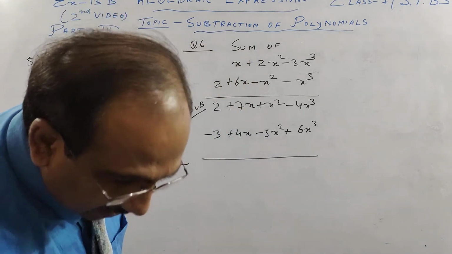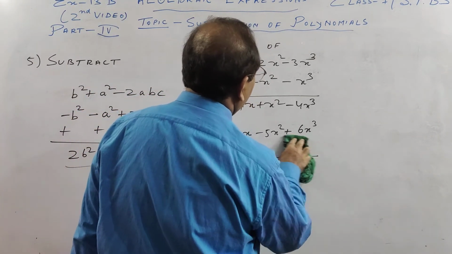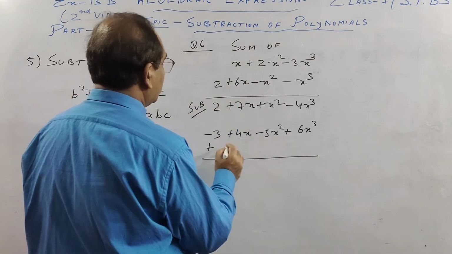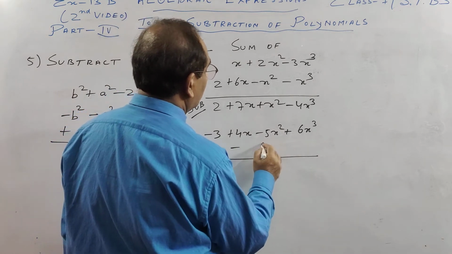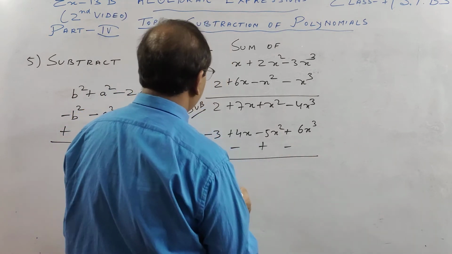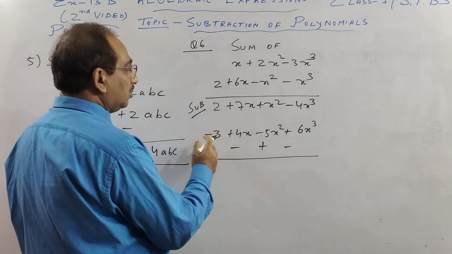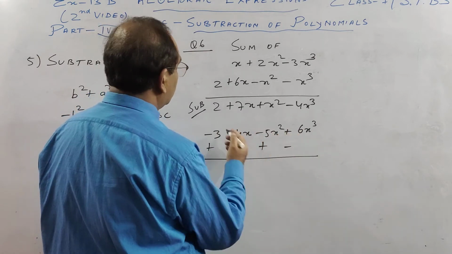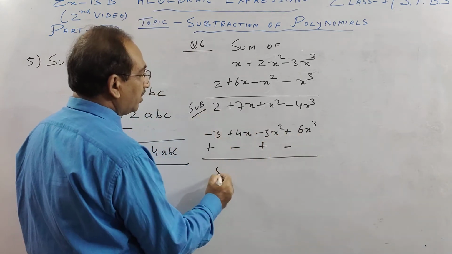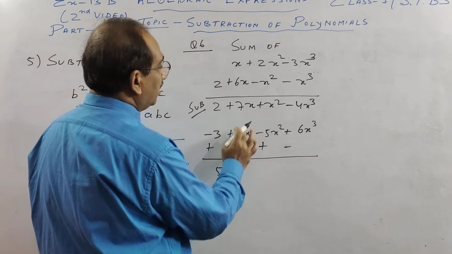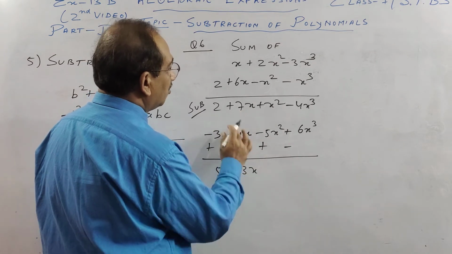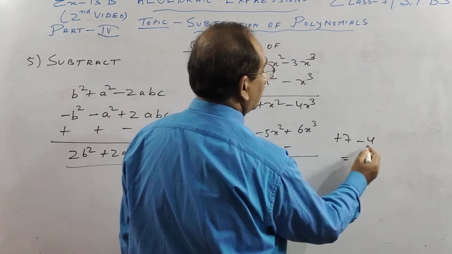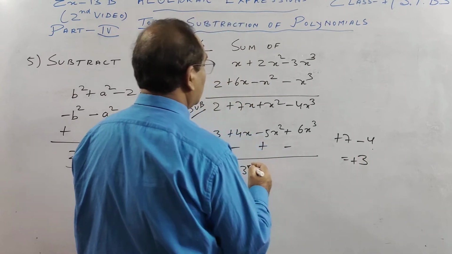Now when you subtract the second one, you have to change the sign. So minus becomes plus, plus becomes minus, minus becomes plus, and plus becomes minus. So let us add. It is just the reverse order, increasing order: constant, x square, x cube. So 3, forget this, 3 plus 2 is 5. Then plus 7x minus 4x plus 3x, because you know plus 7 minus 4: subtract the smaller from the larger, put the sign of the larger.